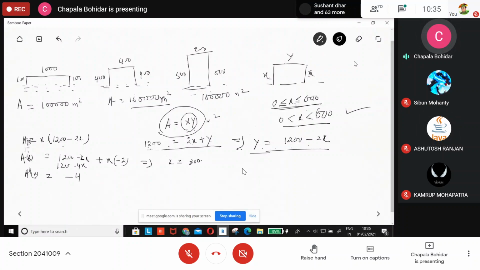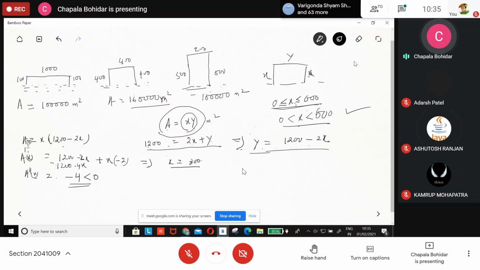So what you write down? A double dash x is equal to minus 4. Yes, ma'am. Okay. So it is less than 0. If it is less than 0, at the value x is equal to 300, the area is maximum or minimum? Maximum.